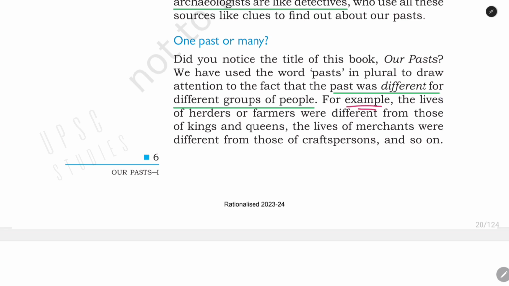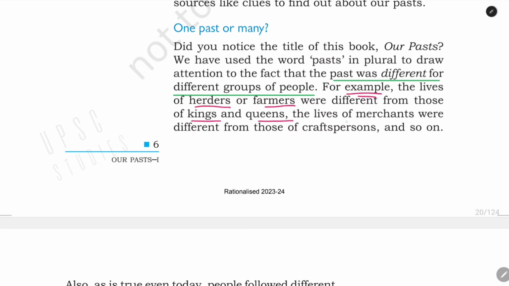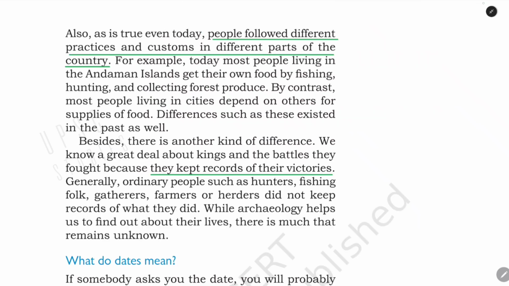The lives of herders and farmers were different from those of kings and queens. The lives of merchants were different from those of craftspersons. The way people lived was all different. So we can say the past was different for different groups of people.